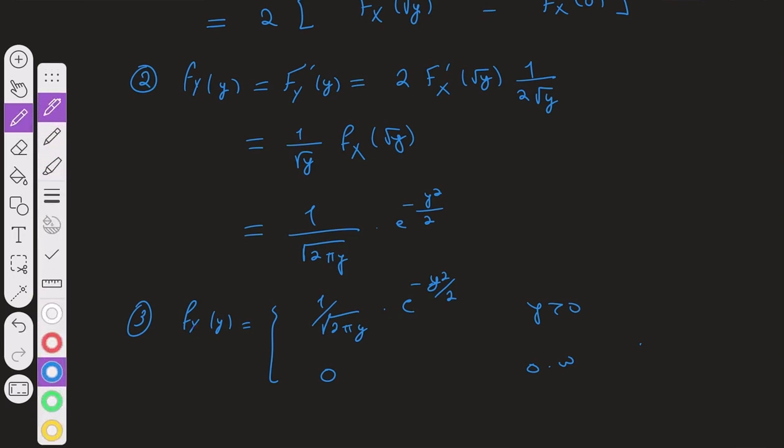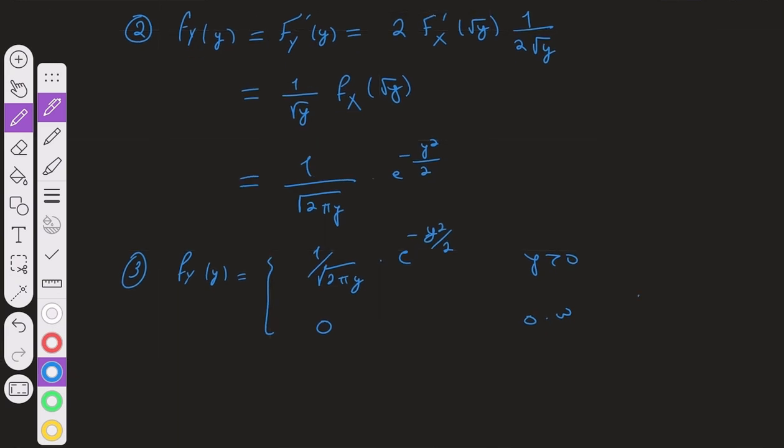This would be the density function for y. And of course, from this, we can get the distribution function, or the probability of any pre-image, if you wish. We can get the pre-image of any set under y.